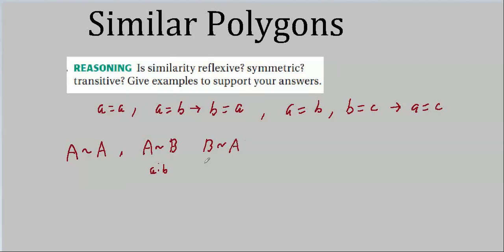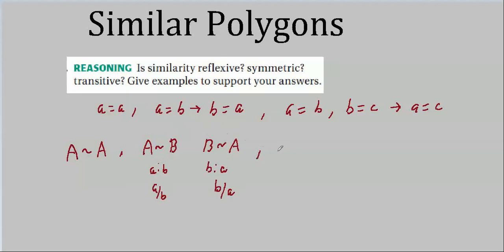We already showed that it was B to A, in other words, the reciprocal. We can write this as A over B, and this we can write as B over A. So we have a similarity relation between the two. They must be similar. And we already showed that this holds. So we've got symmetry.